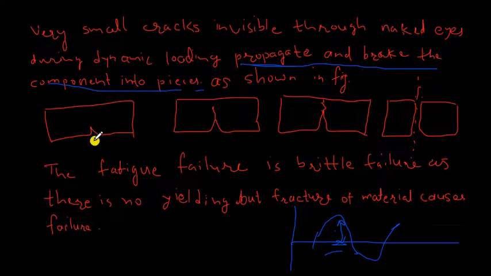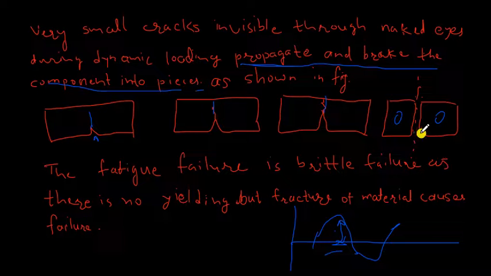Let us say this is the notch or crack. Simultaneously, as the component works under stress, the crack will propagate like this, and finally it will reach the last end, and this type of failure will occur. It may be in a number of pieces.